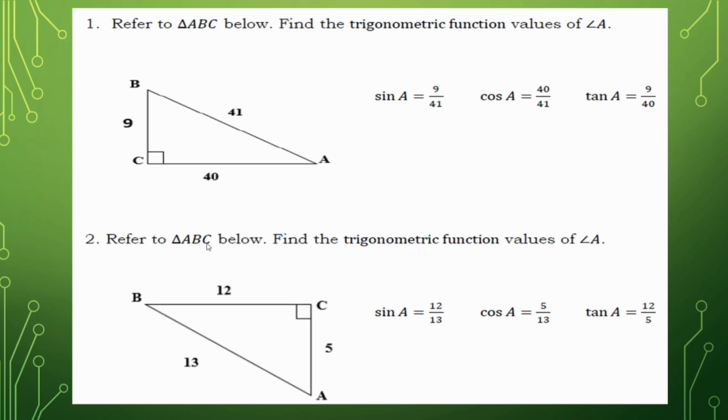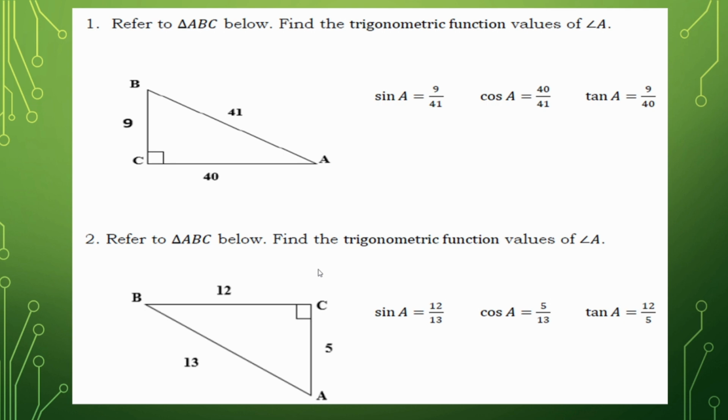Let's have number two. We have another triangle ABC to find the trigonometric functions of. Keep in mind that we're going to use SOHCAHTOA. Angle A is our reference angle, so the opposite side is line segment BC, and our adjacent side is line segment AC.